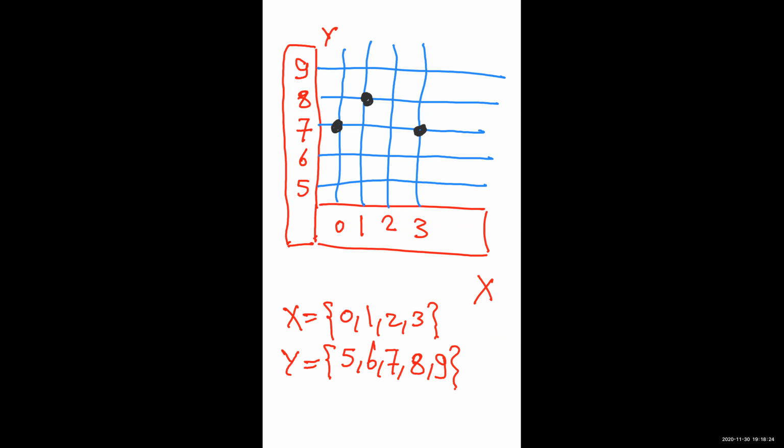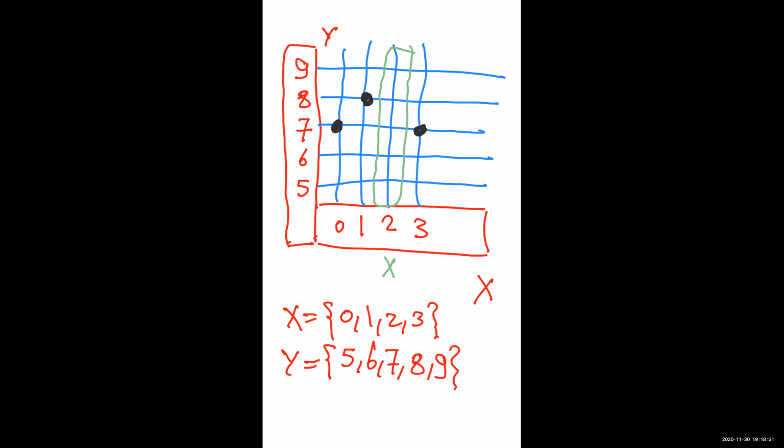Do all elements share in the relation? No, it's not a function because there's 7. Where is the point on this line? Do we have any point on this vertical line? No. So this means 2 didn't share in the relation, so it's not a function.